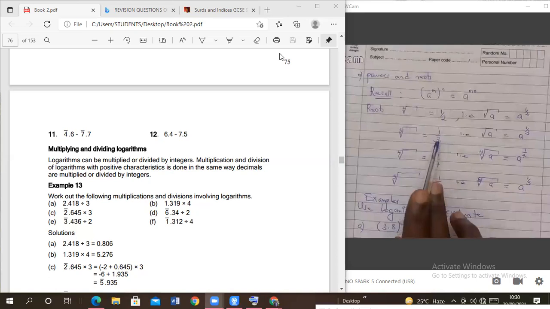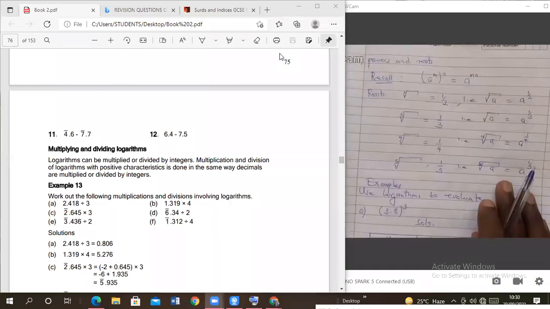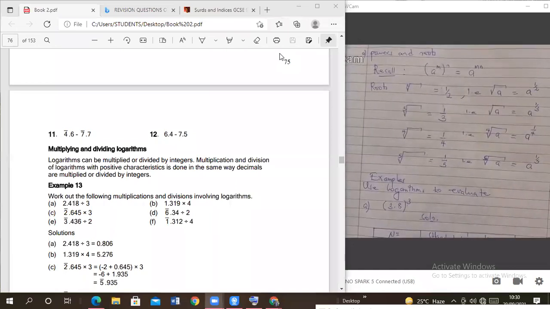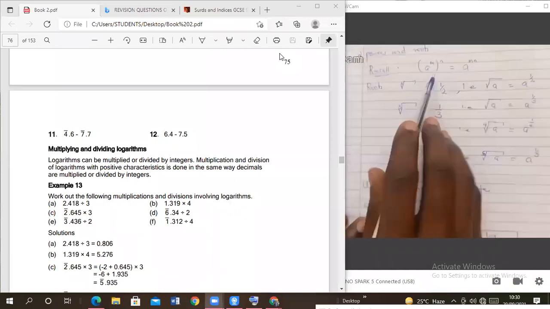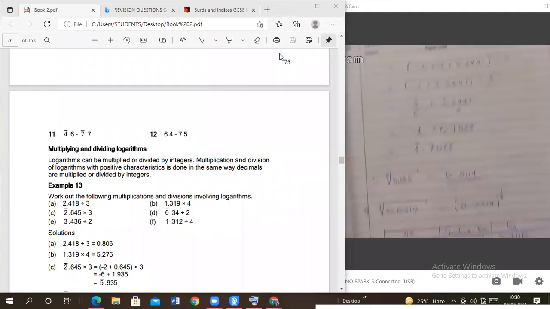Cube root means a number has been raised to the power a third. Fourth root means a quarter. Fifth root means a fifth. We also said that when a number has been raised to another power, we multiply the powers. Those are the things we are going to apply here.